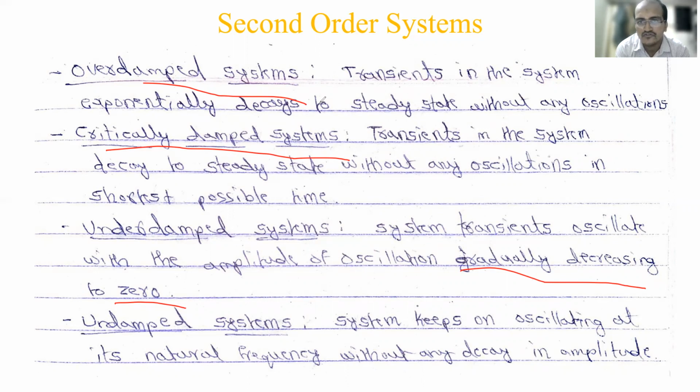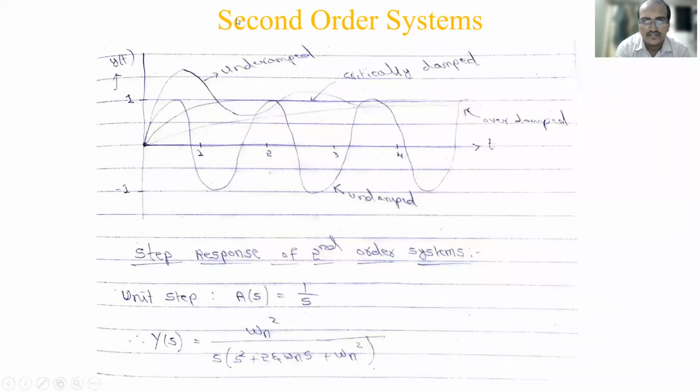I will show you with a diagram here, so that will give you the idea. See here, undamped system means it is an oscillation. This is the wave, the undamped system. Then you have the underdamped system.